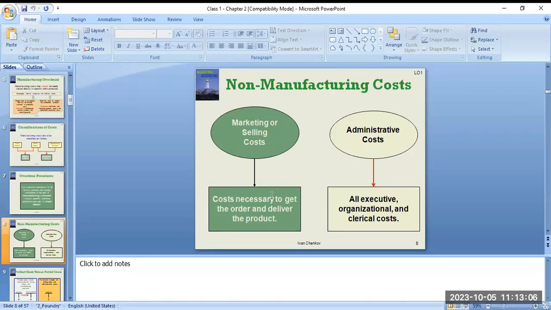The second classification of the cost for today is: is it manufacturing cost or non-manufacturing cost? Manufacturing cost is a product cost: direct material, direct labor, manufacturing overhead. Non-manufacturing cost is marketing, selling cost, and administrative cost. All those costs are expensed.